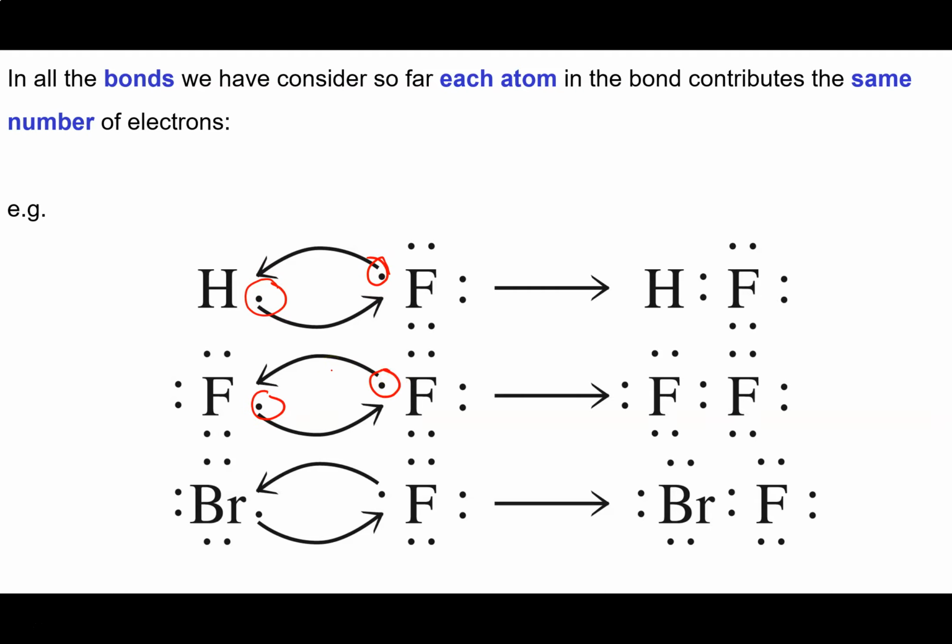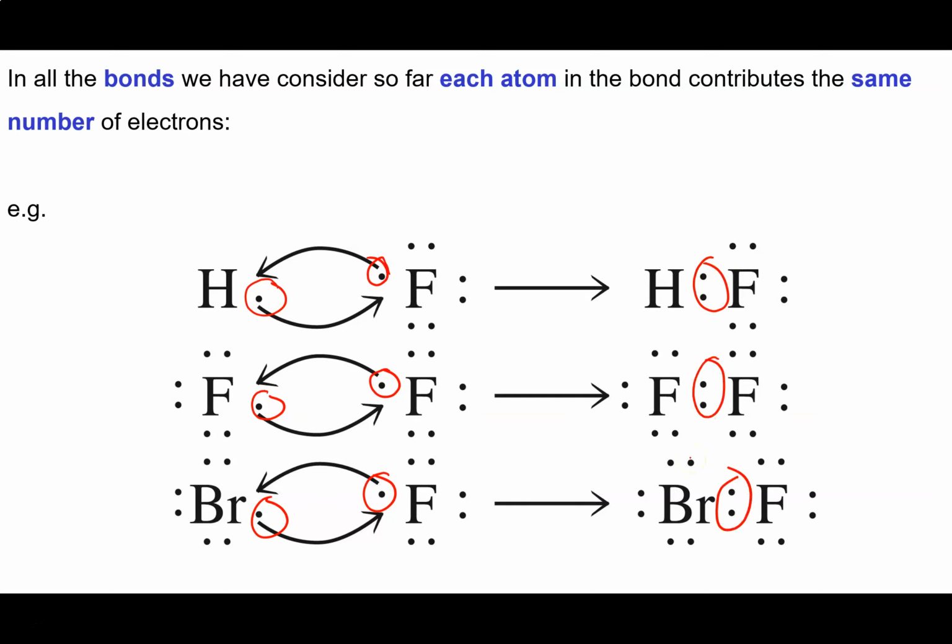We had a bromine and a fluorine coming together, and they each contributed one electron to the bond. So every atom is putting in the same number of electrons. When we did nitrogen with nitrogen, we had each atom contributing three electrons apiece. The same idea: always an equal number of electrons from each atom.